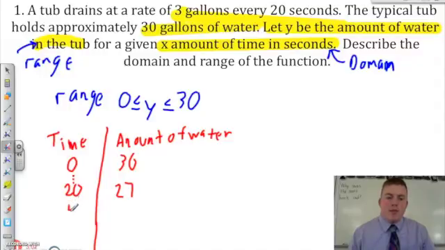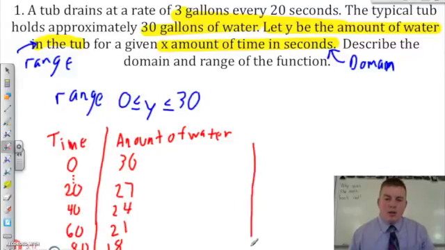So next up, at 40 seconds, I would have 24 gallons of water. At 60 seconds, I would have 21. At 80 seconds, I would have 18. Now I ran out of room, so I'm going to continue my chart over here. At 100 seconds, I would have 15 gallons.